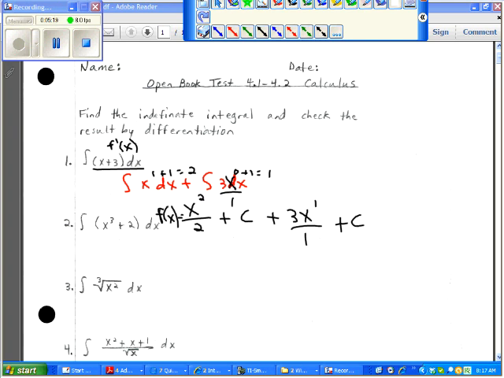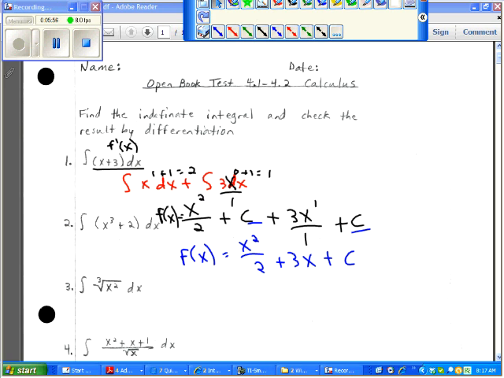So we have f of x is equal to x squared over 2 plus 3x, and then we still have just one constant c. You don't have to put plus c twice. But see how we went from the derivative back to the original function using the integral.